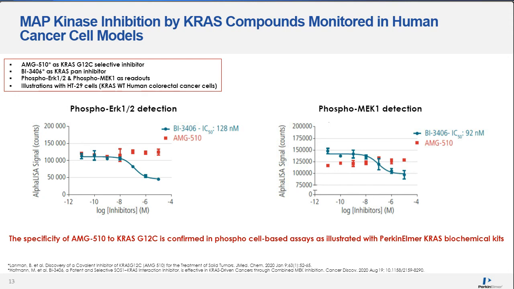That is not shown here, but this specificity was demonstrated with both HTRF and AlphaLISA SureFire Ultra quick versions. Results confirm the specificity of pharmacological compounds previously characterized with KRAS SOS1 biochemical assays.